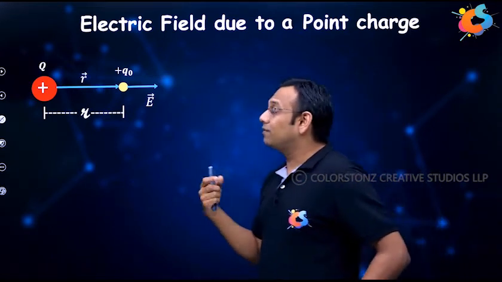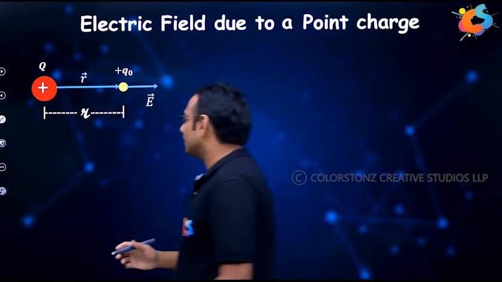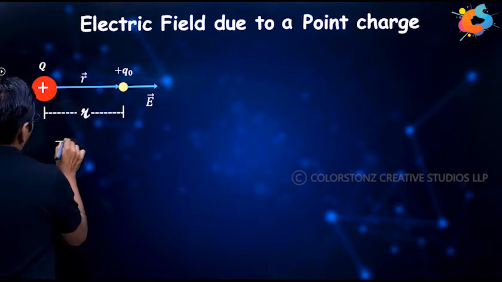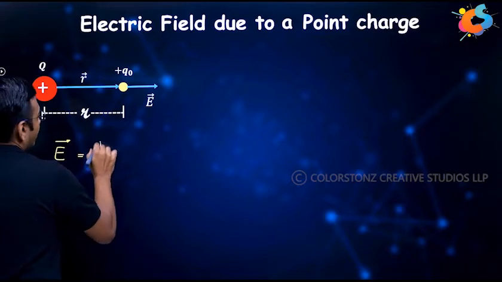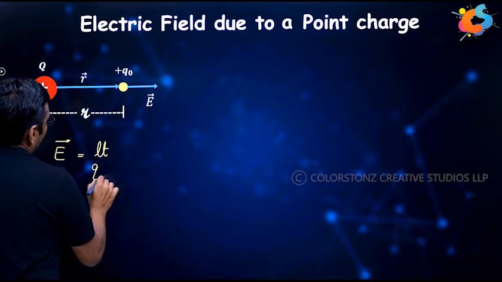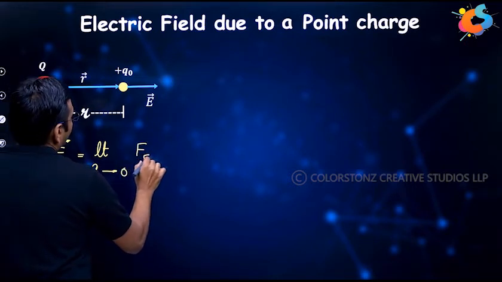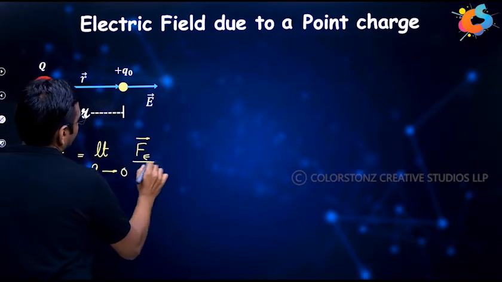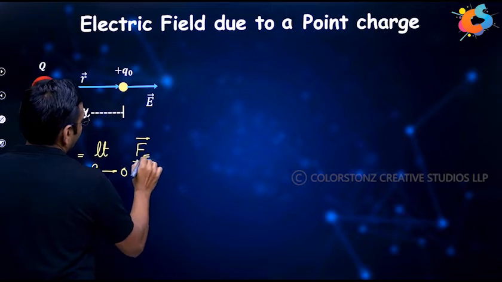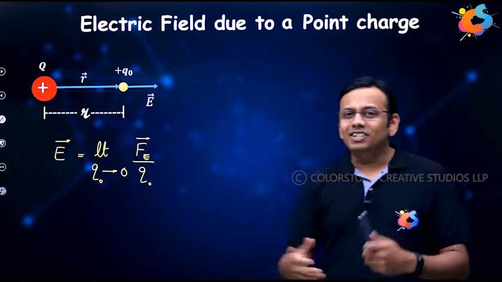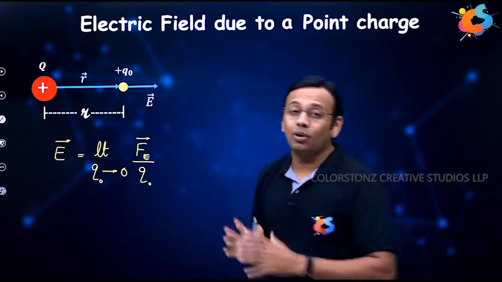We have just now defined electric field as E vector equal to limit Q naught tending to 0, Fe divided by Q naught. Okay. So let us just quickly recall what is the meaning of this.